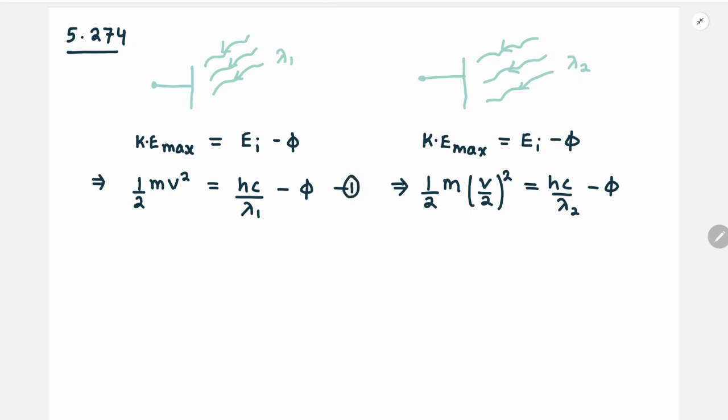So this is equation number 1 that we have, and if we rewrite this, we can write it as half m v square by 4. So we multiply 4 on the other side: 4 times hc by lambda 2 minus 4 phi. This is the second equation that we have. If we look at expression 1 and expression 2, both expressions are equated to the same quantity, half mv square.